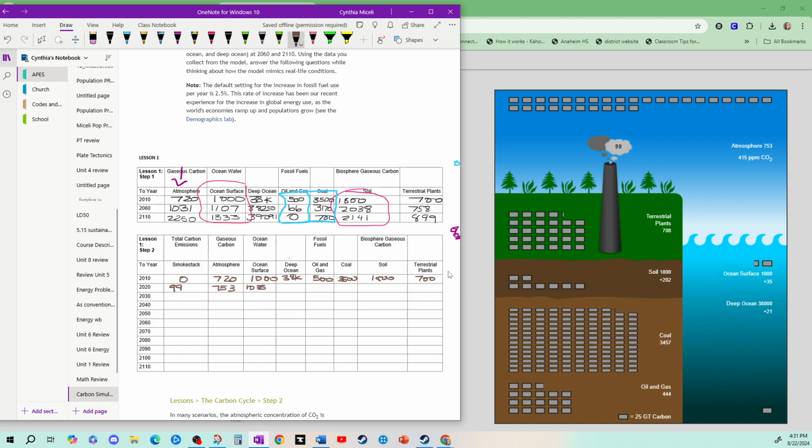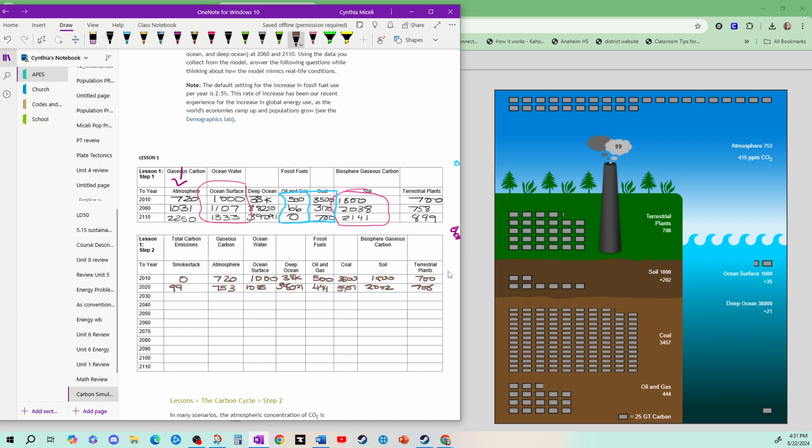The deep ocean is 38021. Oil and gas is 444. Coal 3457. And soil is 1800 plus 202, so that's 2002. And the plants are 708.